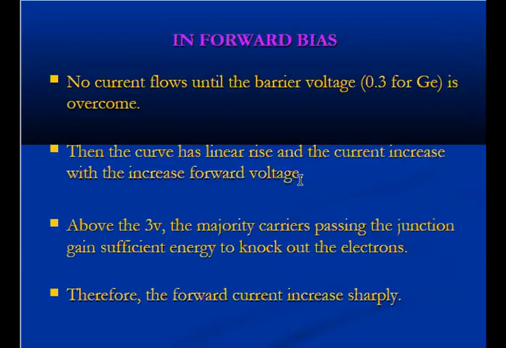And coming to the next one, above 0.3 volts, the majority carriers passing the junction gain sufficient energy to knock out the electrons. So the forward current increases sharply only after the barrier voltage.